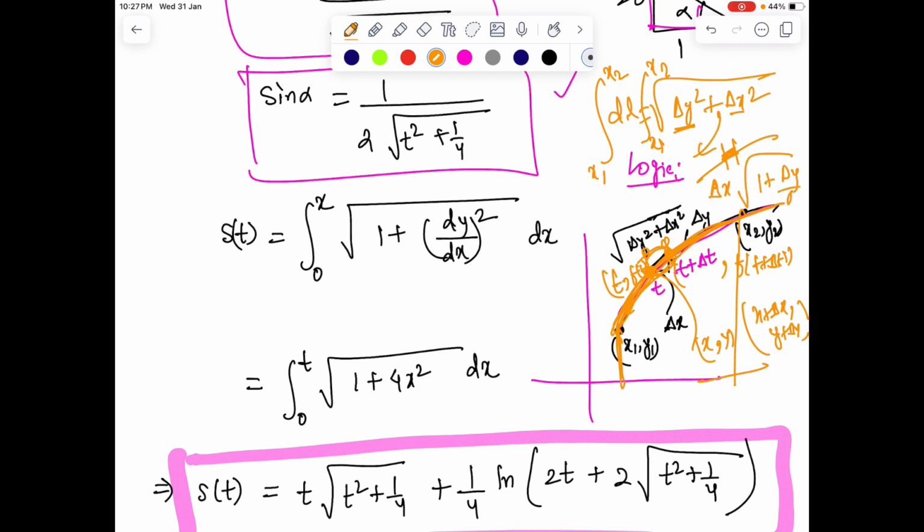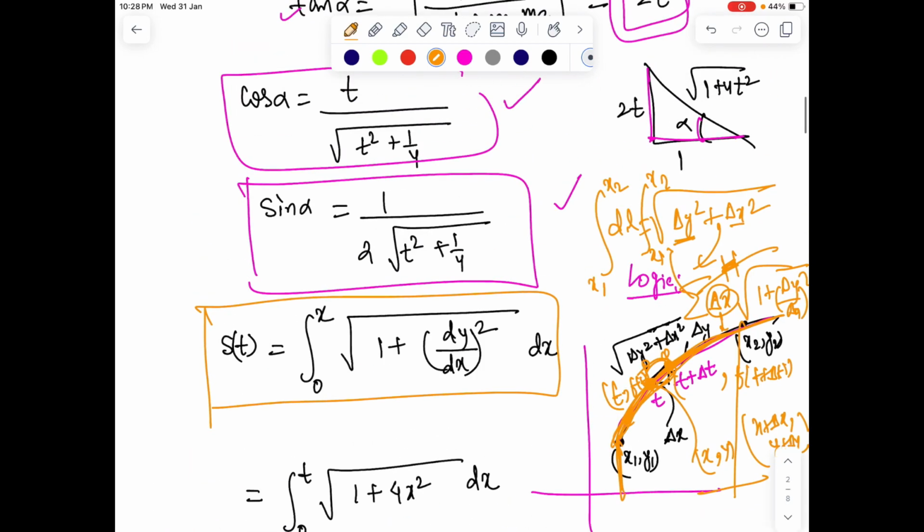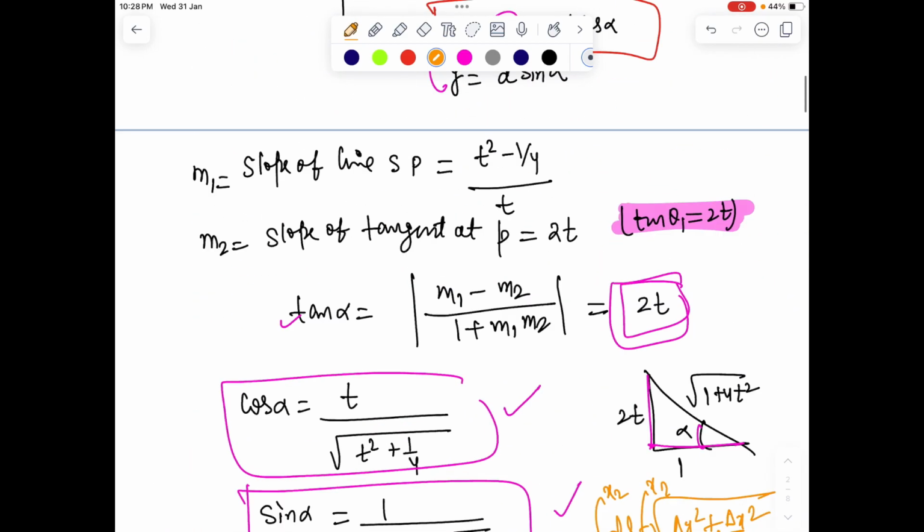So I can take delta x out, root of 1 plus (delta y by delta x) whole square. Basically this summation becomes integration, right? So delta x becomes dx, and that becomes 1 plus (dy by dx) square. So this is the general formula for finding the length of the curve, which I proved just now.